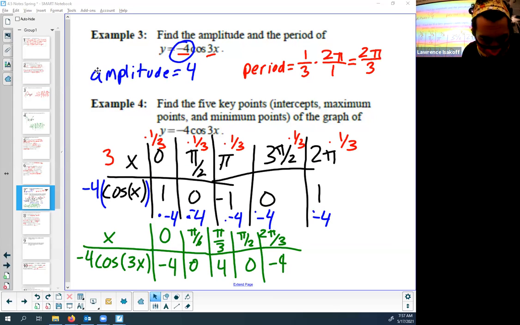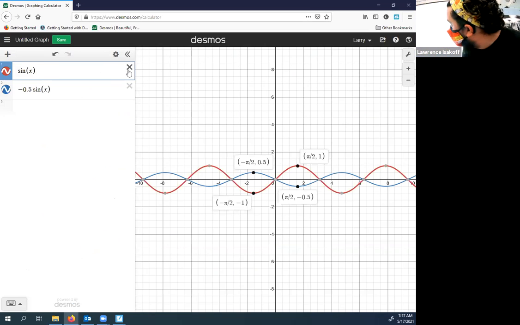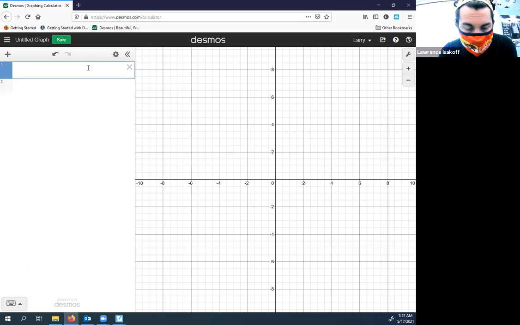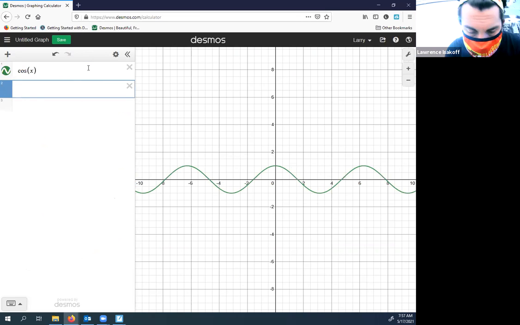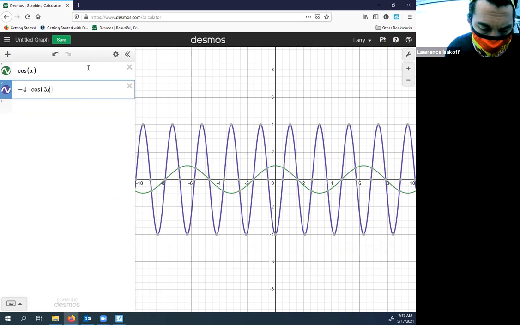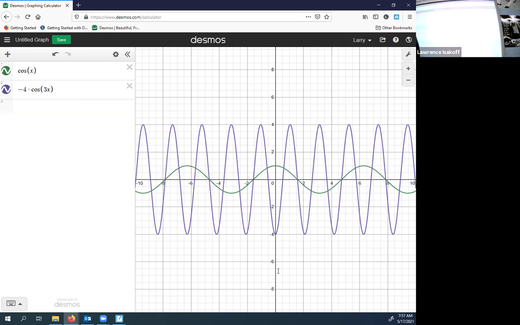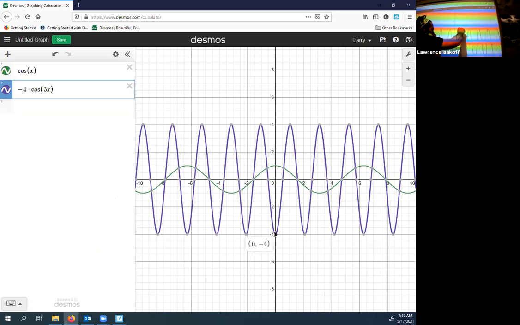So let's take a look at these in Desmos compared. So we had the cosine of x. There we go. Now we had -4 times the cosine of 3x. So we notice this blue graph. Here would be my critical points.